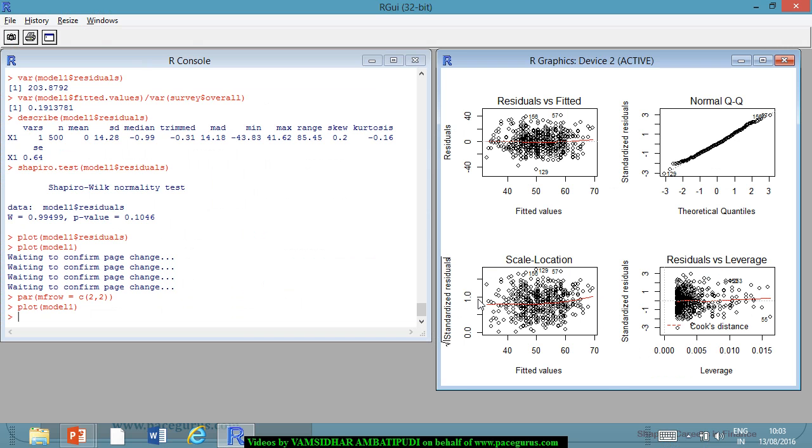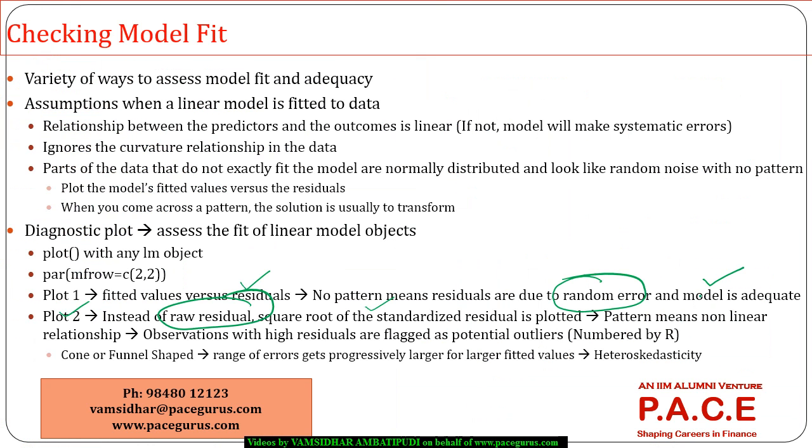So if there is some kind of pattern, here also there is no pattern altogether. But if there is some kind of a pattern in the residual, then I can say that the relationship is more and more non-linear. I cannot use the linear model to model this kind of data.